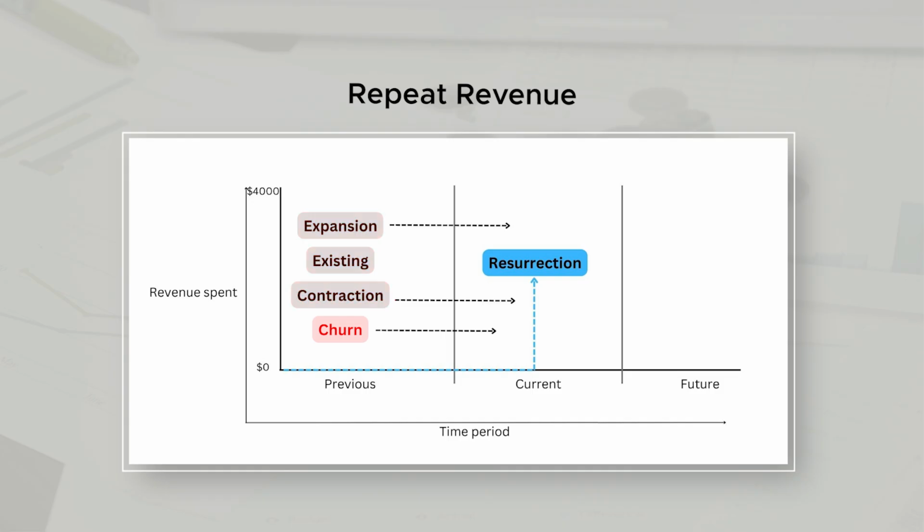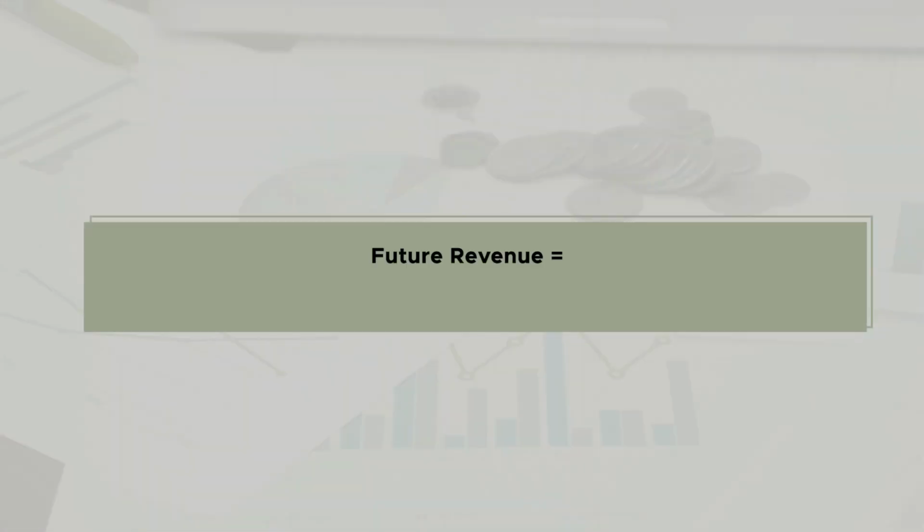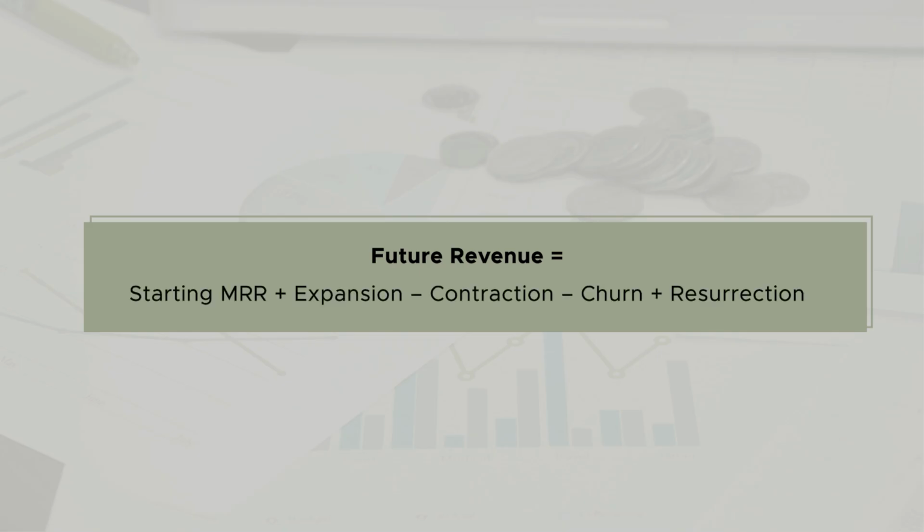From the previous churned customers, some of them you may be able to resurrect. They start coming back, either because they have started operations again after shutting down, or because they tried a competitor and didn't like the services of the competitor. That is called resurrection. So your future repeat revenue depends on starting revenue plus expansion minus contraction minus churn plus resurrection that happens.